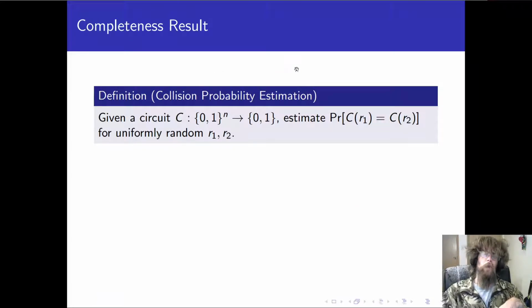All right, so our completeness result. The complete problem we consider is estimating the collision probability. This is an approximation problem, so it's 2-pseudodeterministic. We've got a circuit with a 1-bit output. We want to estimate the chance of getting 0 twice or getting 1 twice on a random input.